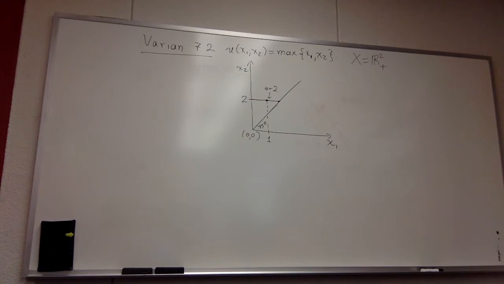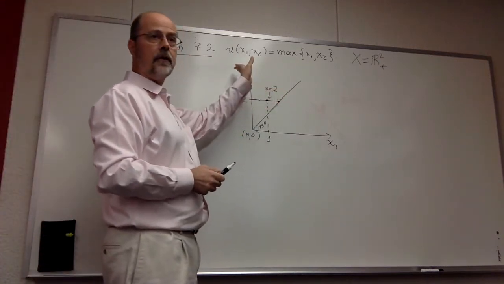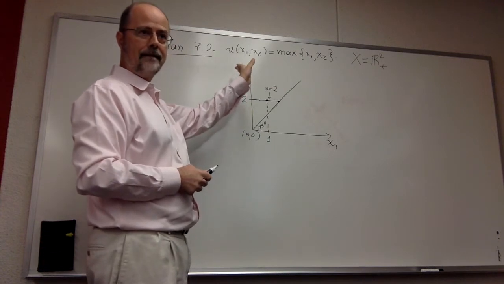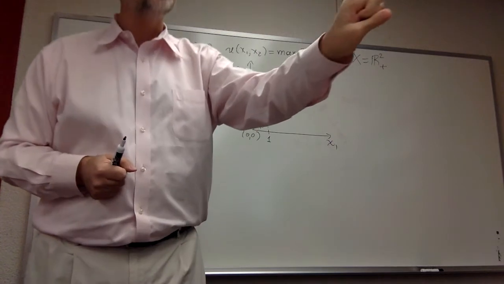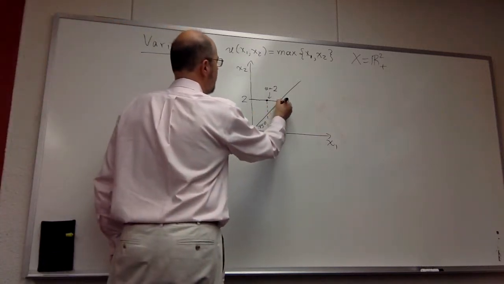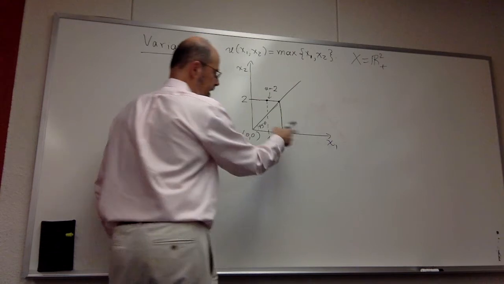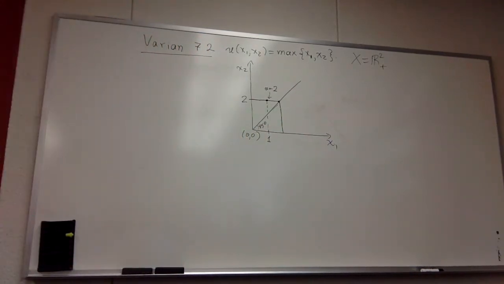If I go straight up, I'm making the second coordinate bigger again, and then it's more than 2. I want to keep the utility exactly at 2. Right? So you're going to go down. I want to go straight down, until I hit the end of what I'm allowed to work in, right?